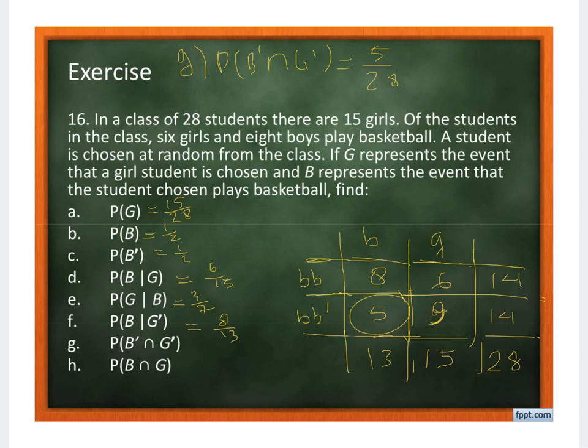Then for H, the probability of B and G intersect is 6 over 28, which equals 3 over 14.